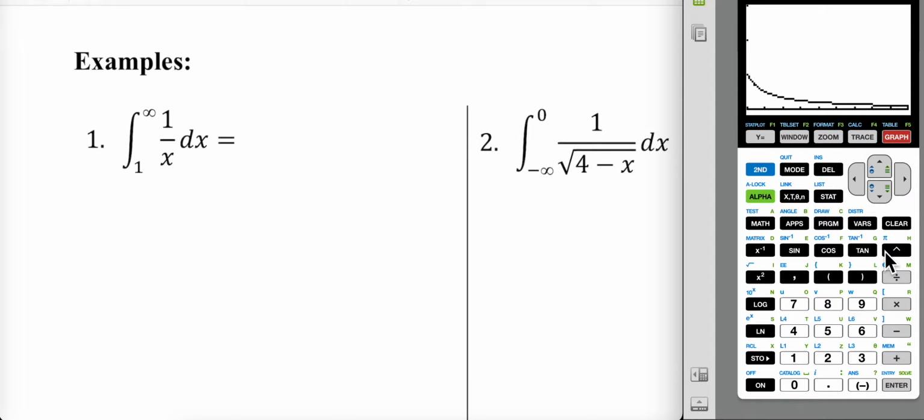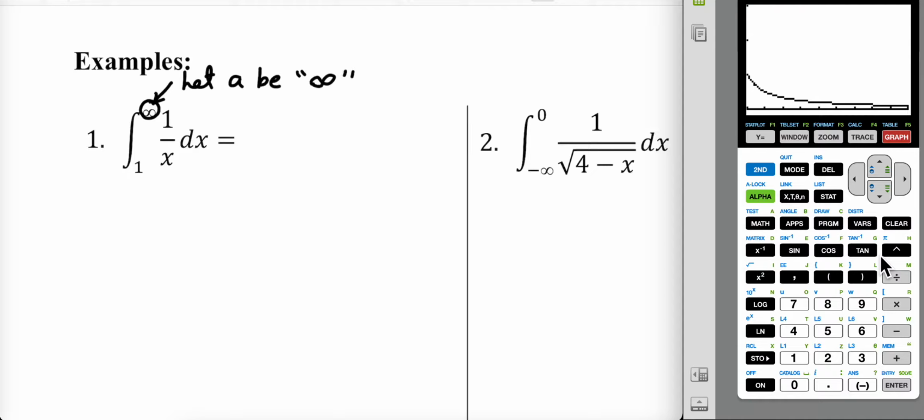All right, so that's the graph, and what we want to know is how much area will be captured if we were to go from 1 out to infinity. The way we handle this is by not handling it directly. For infinity, we're going to let a be infinity.